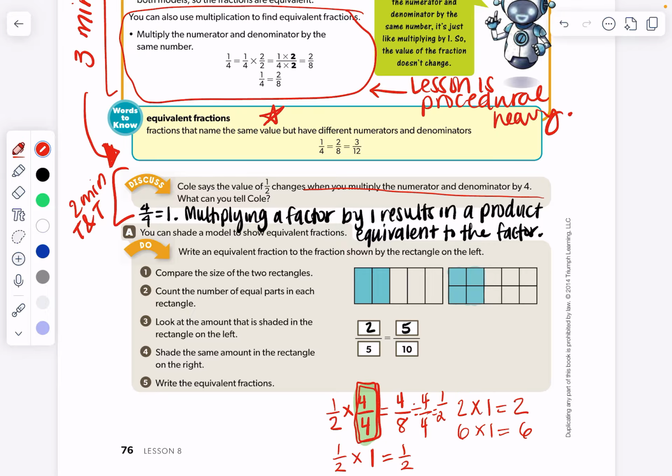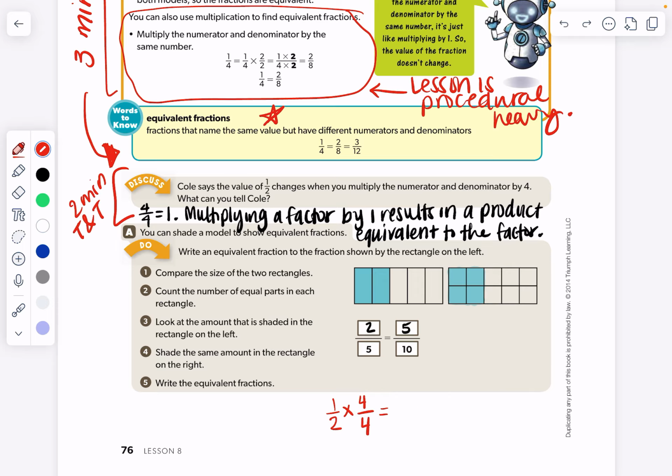And so you want to stamp this idea for students, that multiplying a factor by 1 results in a product equivalent to the factor. The value is going to change if students are multiplying that fraction by a numerator that is different from the denominator. If they want to find an equivalent fraction, they need to multiply by the same numerator and the same denominator, okay?